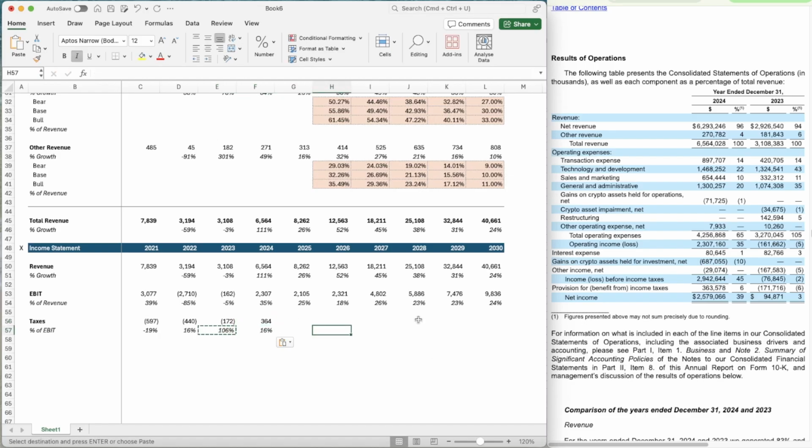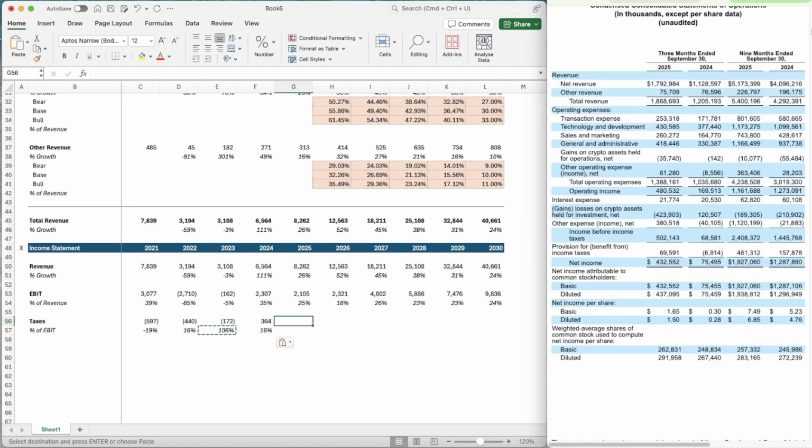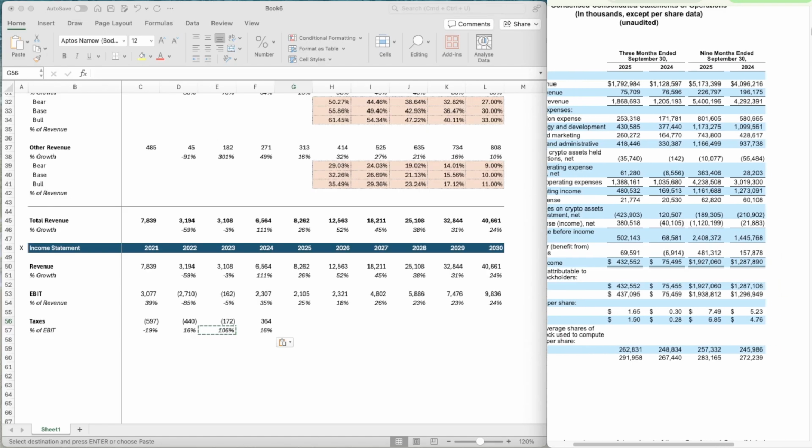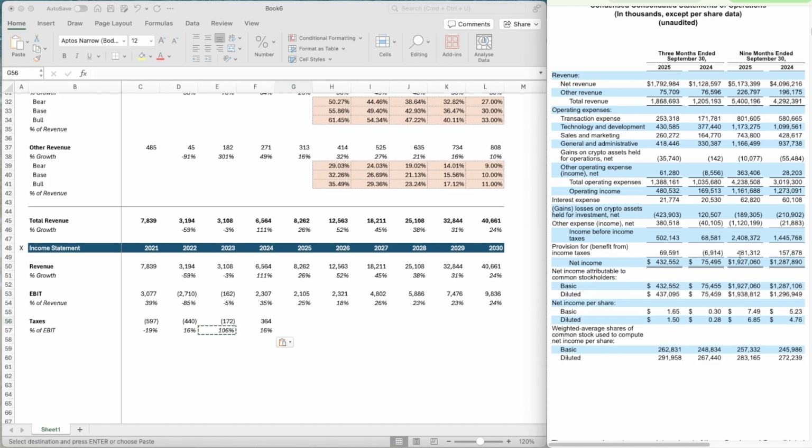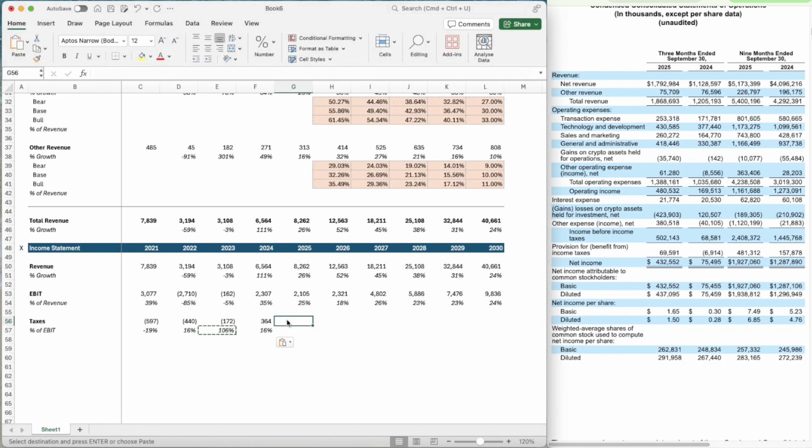Yeah, about a 16% increase. Let's just multiply that by 1.3.